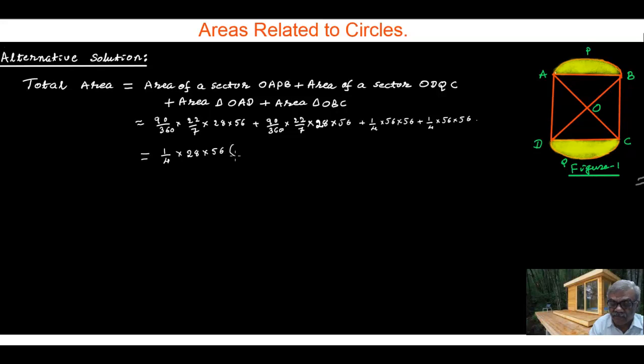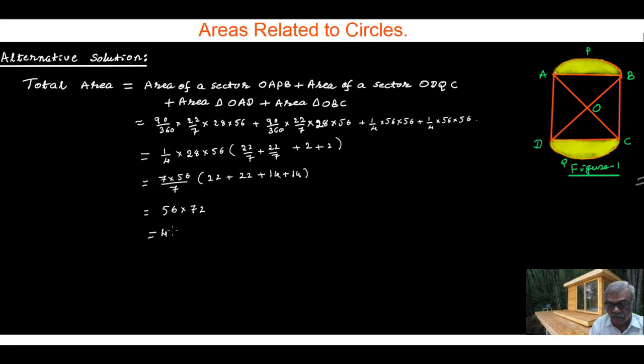Taking the common factor, this is 22 by 7 plus 22 by 7 plus 2 plus 2, and that equals 7 into 56 by 7 into 22 plus 22 plus 14 plus 14, which equals 56 into 72 square meters, that equals 4,032 square meters.